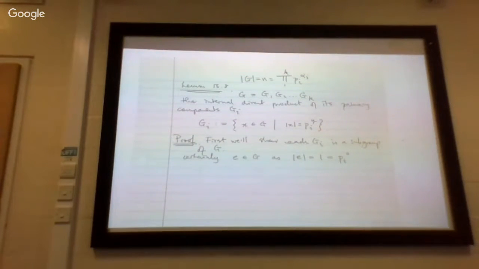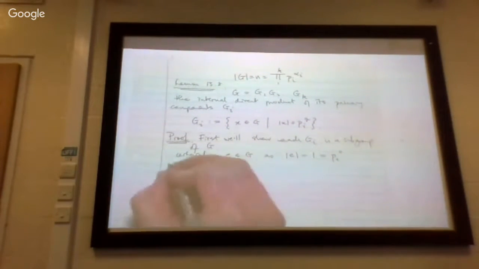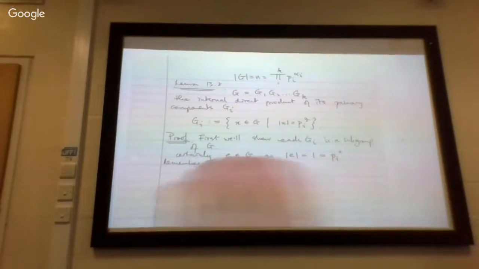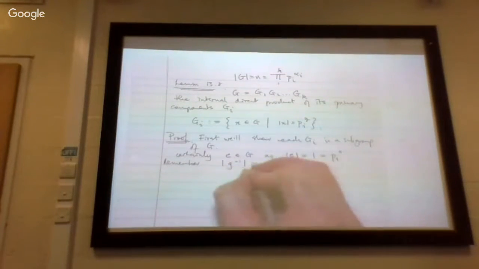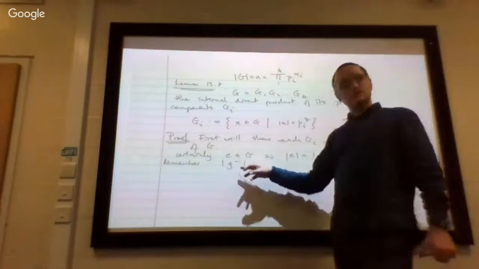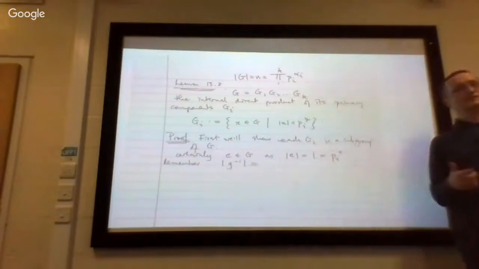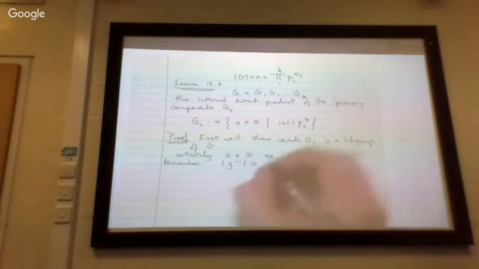Okay, fine. Now let's show that it's closed under inverses. Remember, what's the order of the inverse of a group element? This is true in general: it's the same as the order of the group element itself.